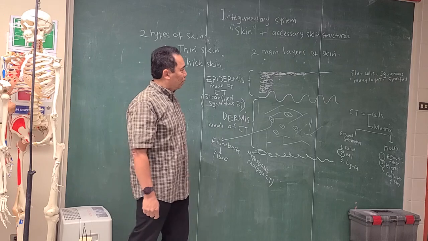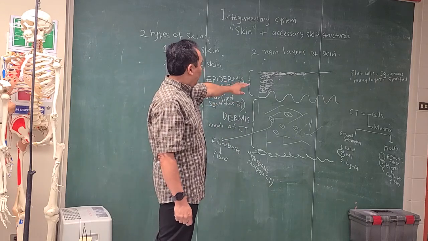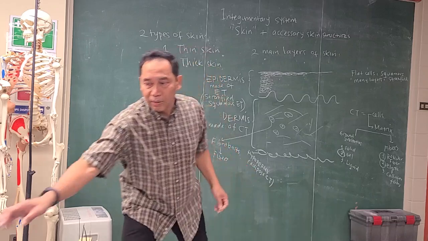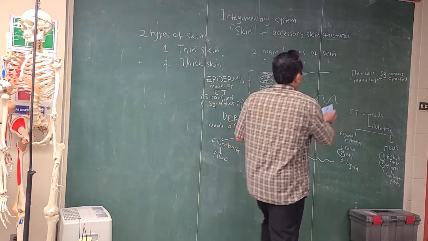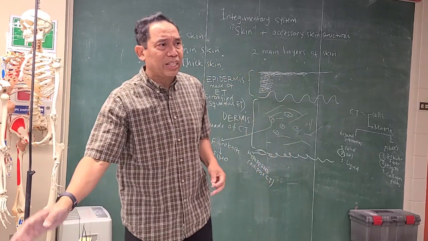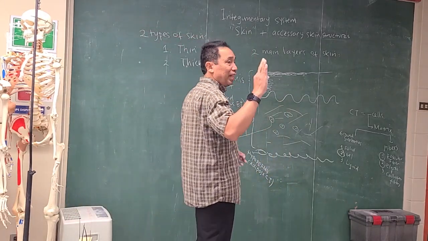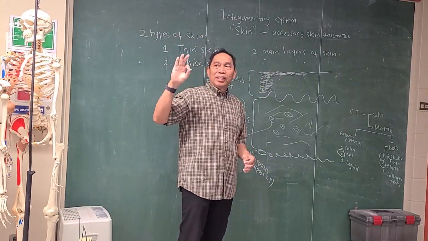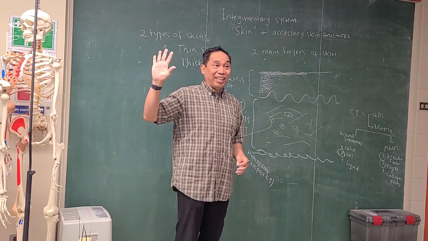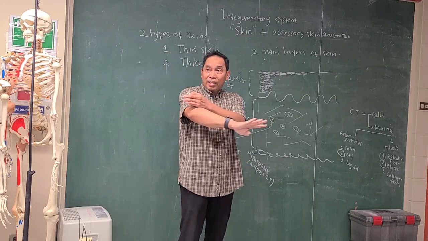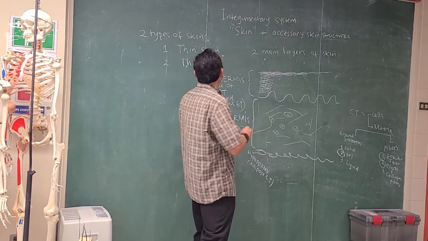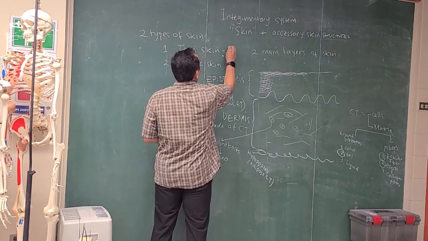Okay, now the epidermis. We're gonna learn the epidermis first. I'm gonna erase over there. Okay, in the epidermis, if it is thick skin, it has 5 layers. That's the reason why it is thick. If it is thin skin, like here, it only has 4 layers. Okay, so thin skin has 4 layers.